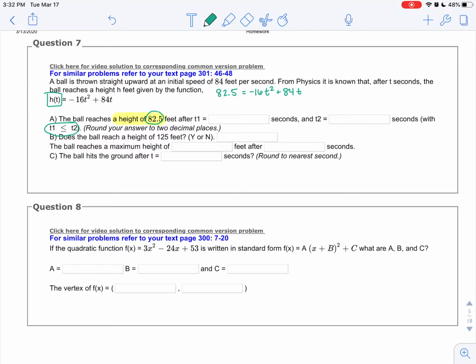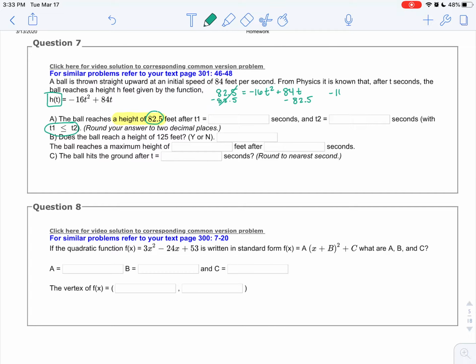So I might try to first factor this down if I can, trying to see if I can simplify this at all. Well, first of all, I want to move this 82.5 to this side to set this equal to 0.